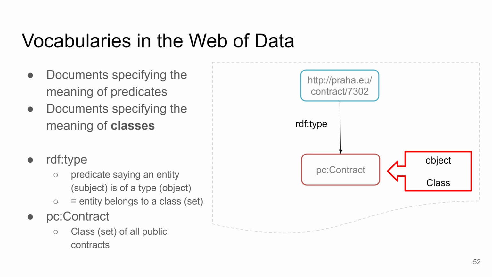This time, the resource represents a class, and we can say it's a type of a thing. So here, the predicate says the entity is of a type public contract, where the public contract is a class which can be assigned with the RDF type predicate to every instance of a public contract.